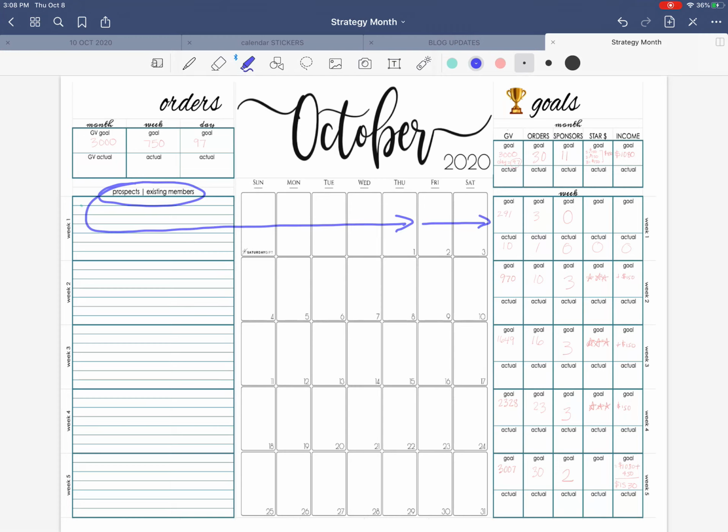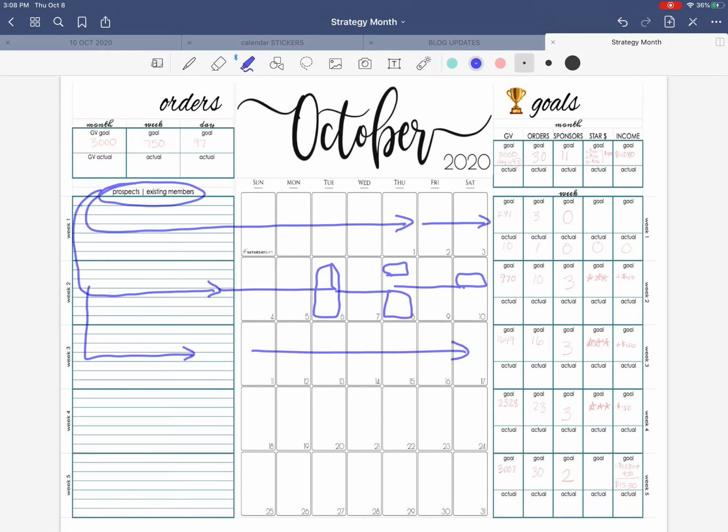And so week 1, you're going to be bringing people through. Week 2, you're going to be bringing people through, and you're going to choose what events you're going to invite them to. And perhaps you will have 1, 2, 3, 4 events, whatever you'll choose each week. And so you're going to do that. You're going to be bringing these people right through.